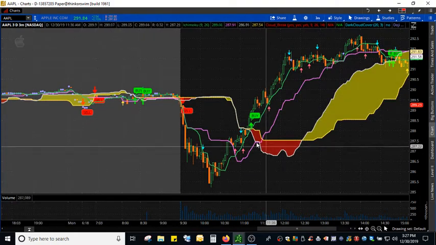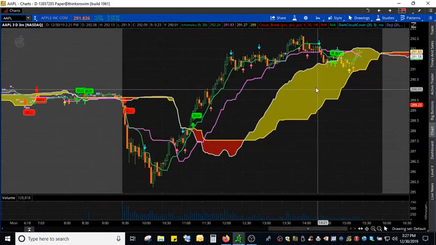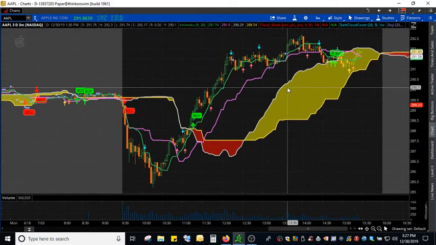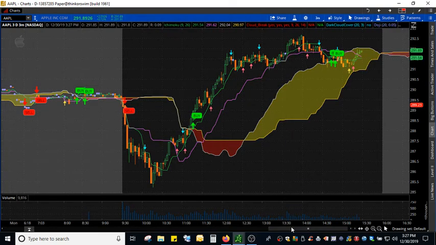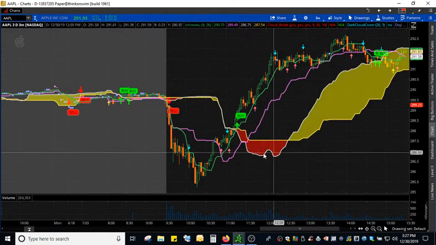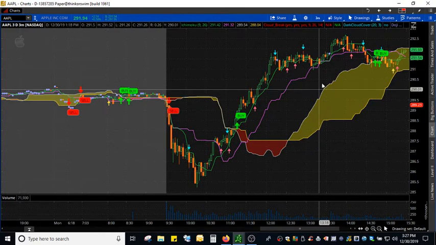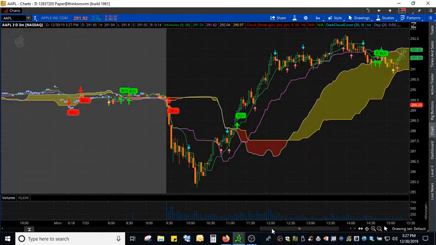It's not as strong of a cloud. This whole entire cloud offers support. Instead of a support line, it's a support area. So anytime the price is above a red cloud, it's not quite as strong as it is when the price is above a green cloud, or whatever color you want to call that.